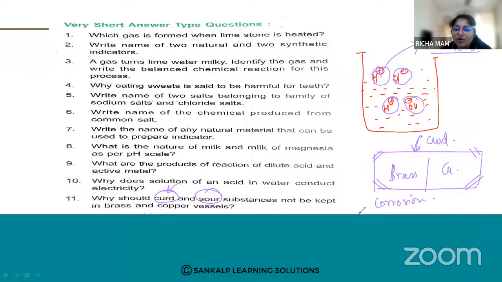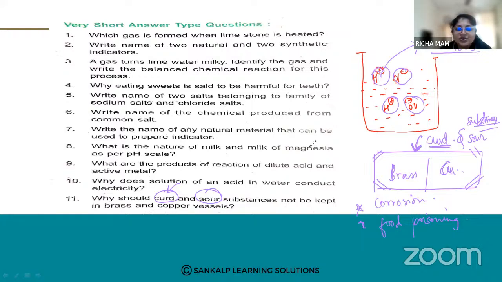It can cause corrosion or it can cause food poisoning. Because of this reason, you should not keep curd and any sour substances in brass and copper vessels, because it will spoil the vessels.